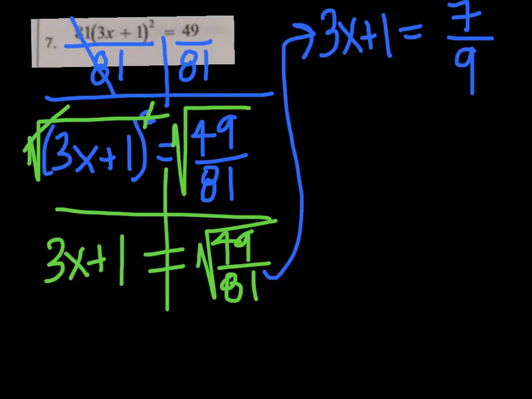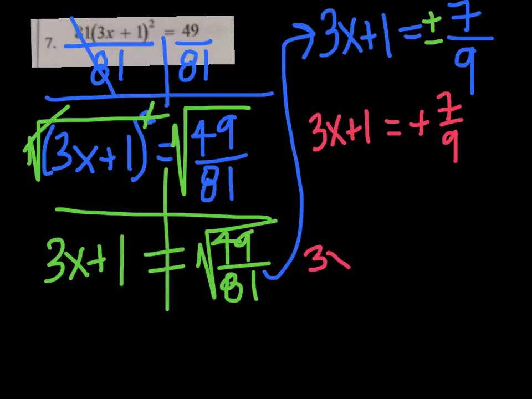But remember, you took the square root, so that means we have a positive and a negative version. However, x is still not by itself, so now we have to split this into 2. We've got 3x plus 1 equals a positive 7 over 9, and then 3x plus 1 equals a negative 7 over 9.